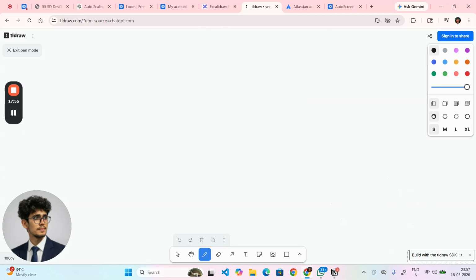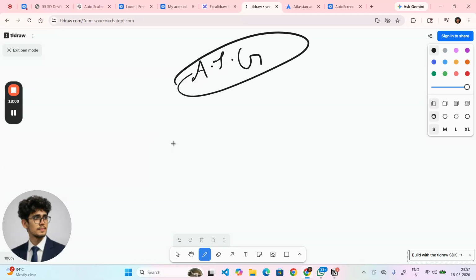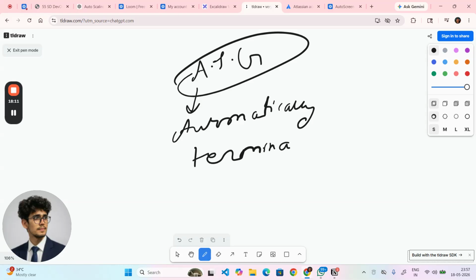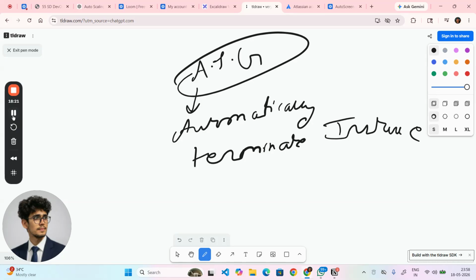So the next one is the auto scaling group. This is the thing which is going to automatically terminate the instance, based on your scaling policy. Okay, scaling policy.